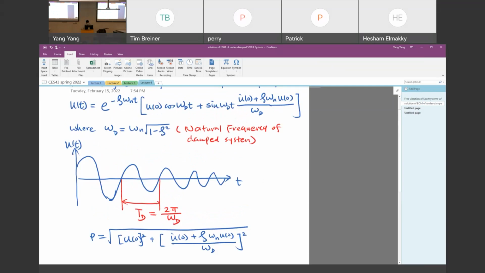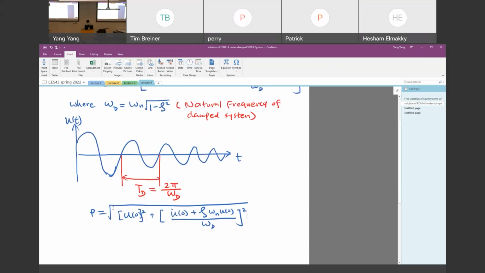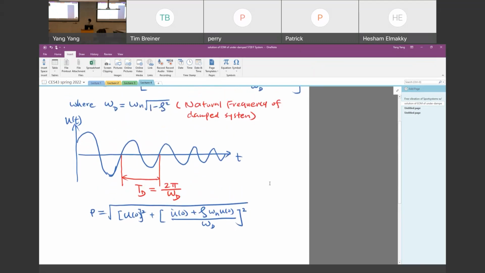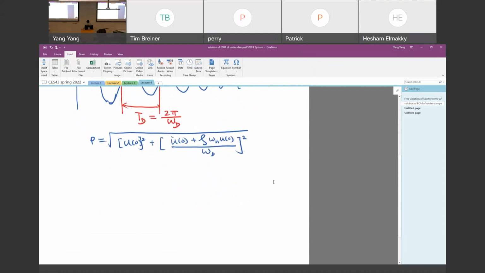Basically, it's the square of the coefficient before the cosine and the square of the coefficient for the sine term. Just add the squares together and take the square root, and you can get the maximum displacement response.